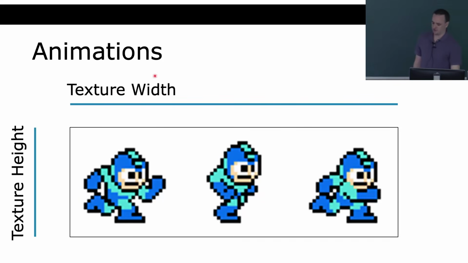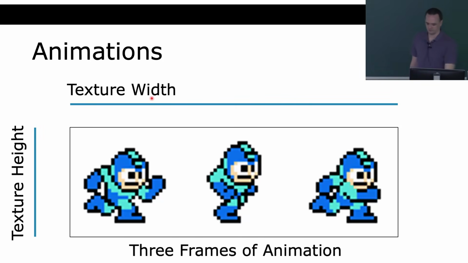That texture is going to have some width, meaning the entire image file is going to be some width, and some height. The texture width may not be the same as the width of a frame of animation, because there might be multiple frames, but the texture height for this class will be the height of 1 frame of animation. In this example, there are 3 frames of animation.